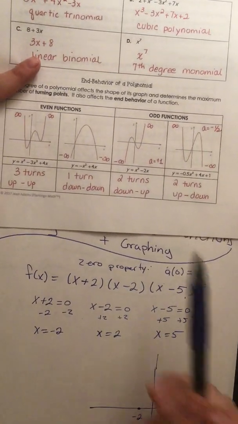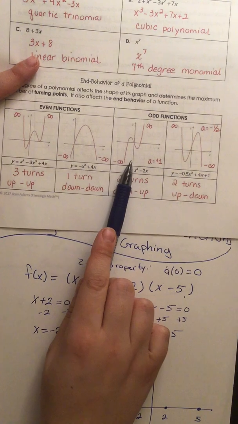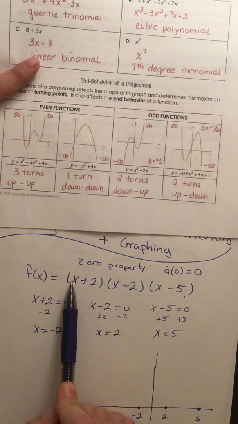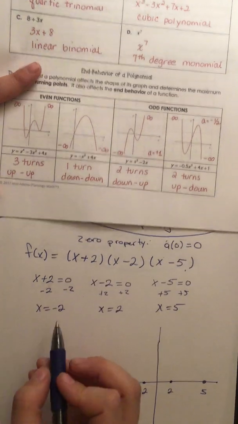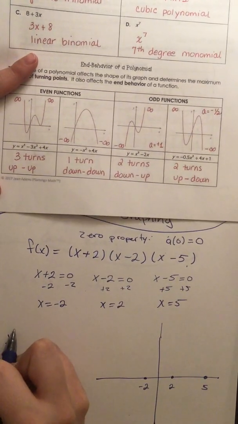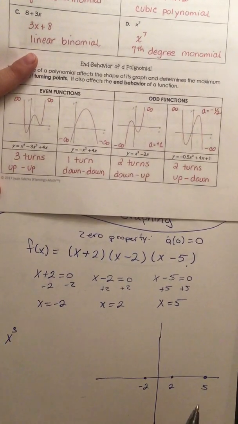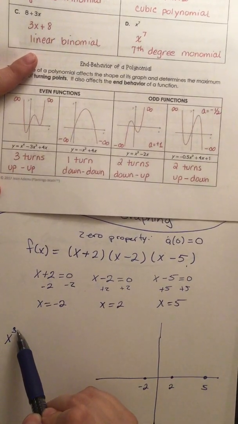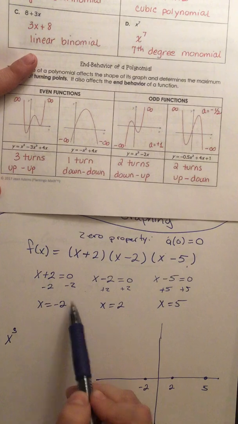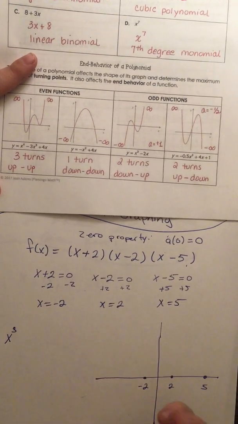So let's determine if it's an even or an odd. We have 3 x's. What that means is it's going to be cubic. Okay, x, and we got 3 x's. As you can see, we got 3 solutions as well, so it all kind of goes together.